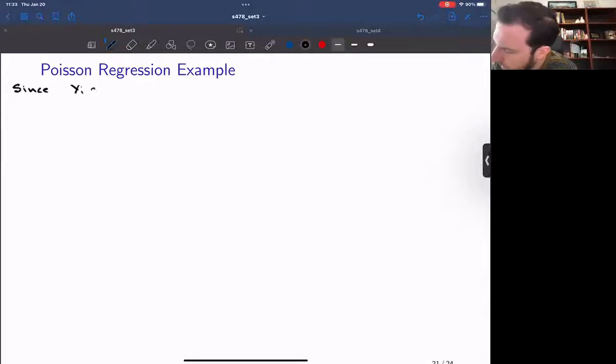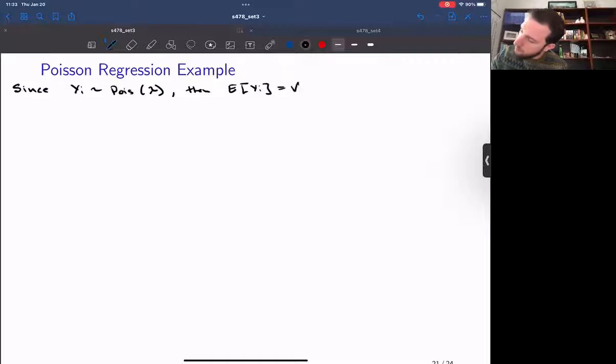Since the yi are following a Poisson distribution with some parameter lambda, then we can write the expected value of yi is equal to the variance of yi.